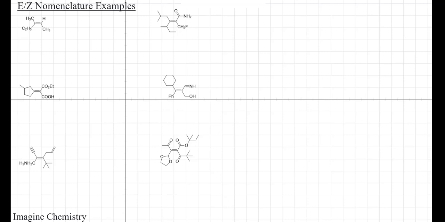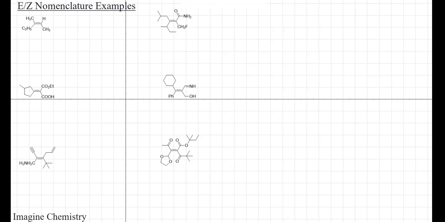So you have to assign the priority on the basis of the first point of difference. You don't want to look at the group overall, right? You don't want to think that okay, this group is looking bigger, so it has the highest priority. No, that is not the case. You must find the first point of difference. Wherever there is the first point of difference between the two groups, there you decide the priority.